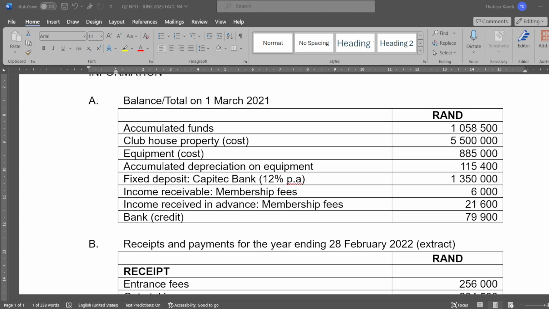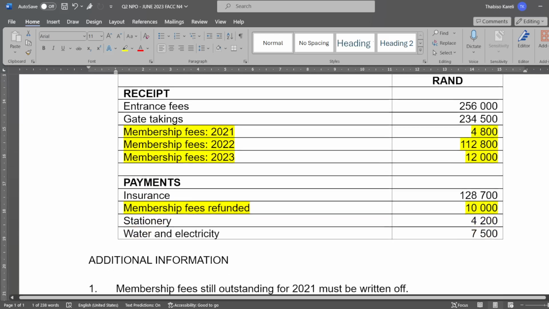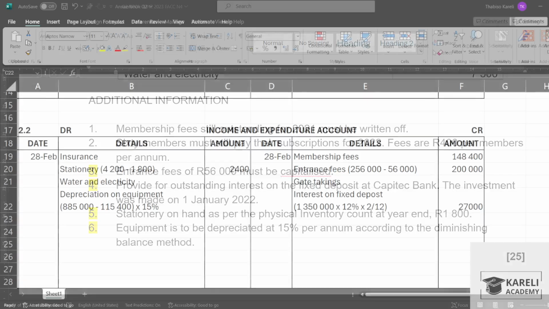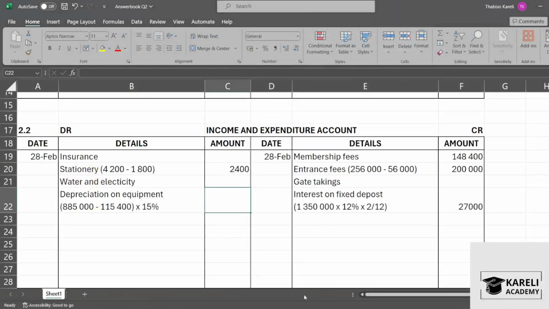That is what we have used. 885,000 minus 115,400, and then we multiply by the given percentage, 15%. It gives us 115,440.